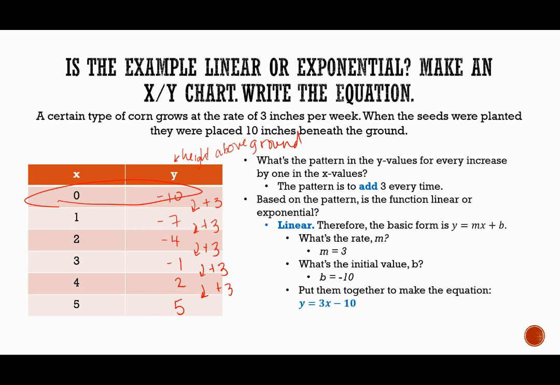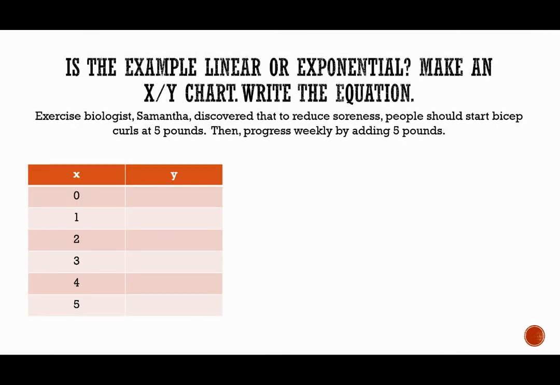All right. One more example. See if you can do some of this on your own. I'm going to help you get started with the XY chart. So biologist Samantha discovers to reduce soreness, people should start bicep curls at 5 pounds. So we're going to start. That's a key word there that you should look for. Start. Okay.